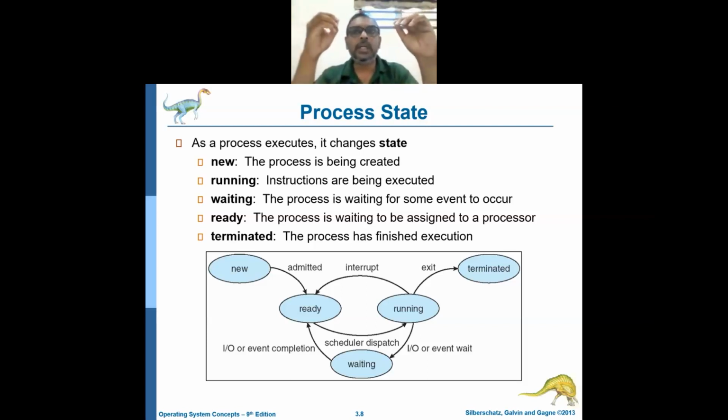Always remember, the CPU can only do one program. However, because of its time slice, because it's being processed at a very fast speed, it looks as if it's processing a few processes at one given point of time.